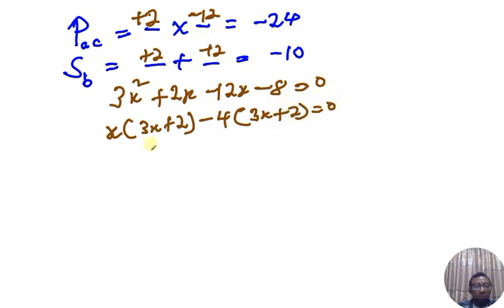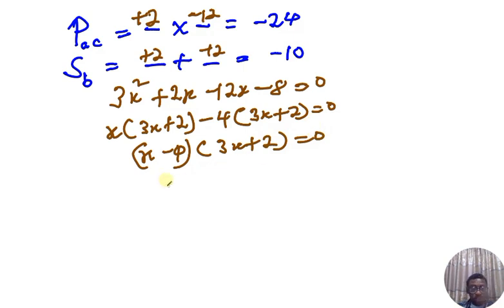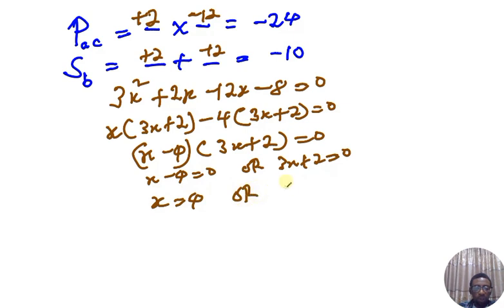So we have x minus 4 bracket 3x plus 2 equal to 0. The roots will be x minus 4 equal to 0 or 3x plus 2 equal to 0. So x equals 4 or 3x equals minus 2, so x equals minus 2 over 3.